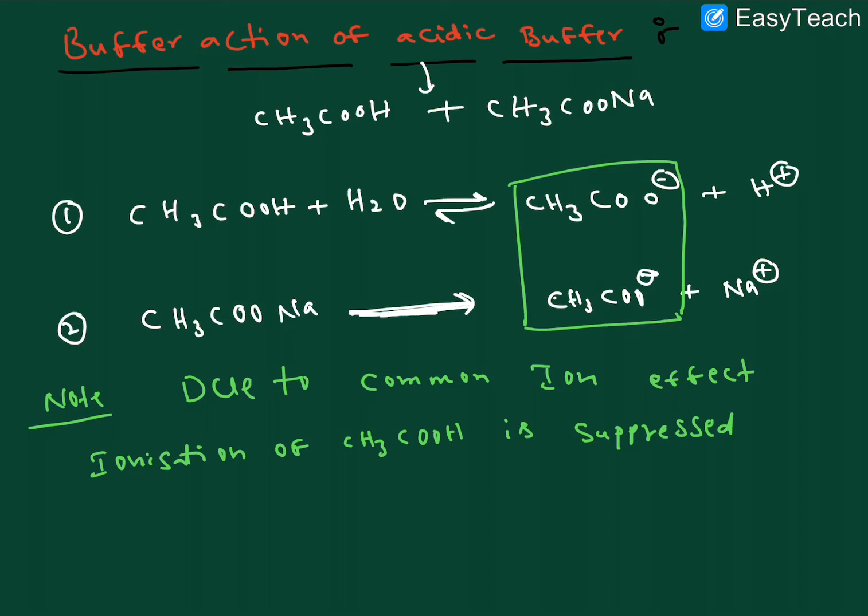Why is it suppressed? The concentration of acetate ions is high, so they readily combine with H plus ions to reverse the reaction. So it remains as acetic acid and won't dissociate again because the acetate concentration is high. I hope it is very clear.